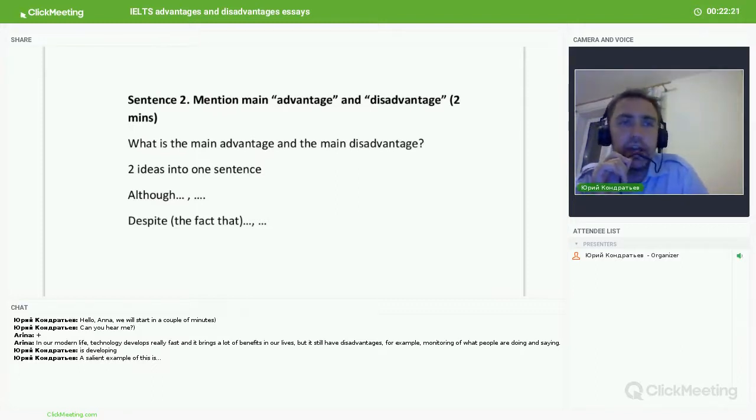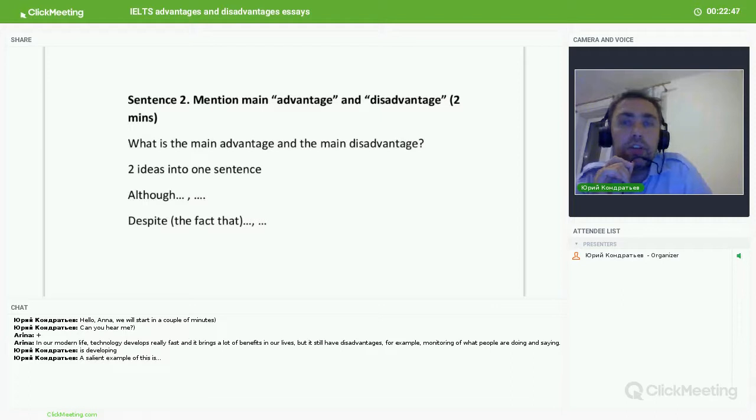the second sentence of the introduction, you should mention the main advantage and the main disadvantage, and try to fit this into one sentence. For instance, we discussed a few advantages and disadvantages in the beginning. For instance, you can say that because of these systems, it's convenient to prevent crime in some ways.